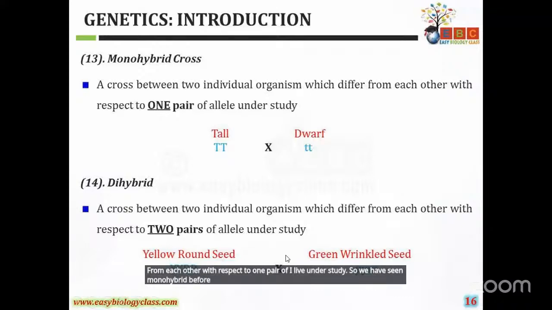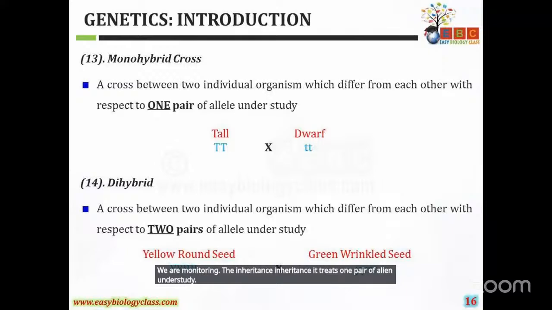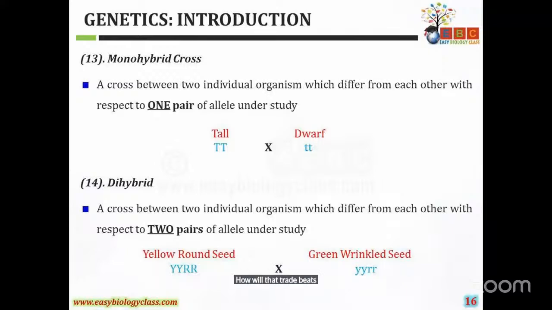That is looking at one trait. So when you now cross monohybrid, that means you are monitoring the inheritance of a trait, one pair of allele under study. How will that trait be transmitted from parent to offspring? Just one trait at a go, mono.